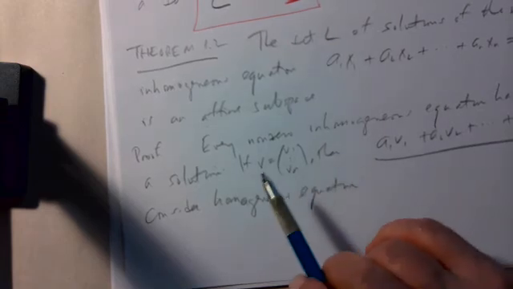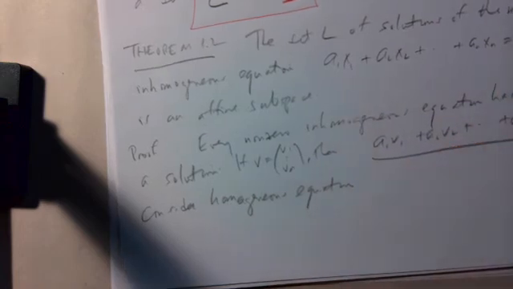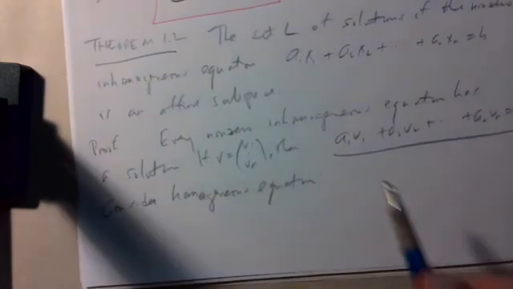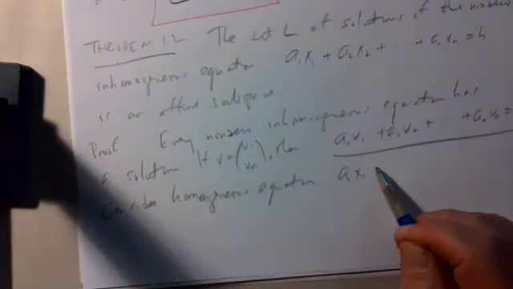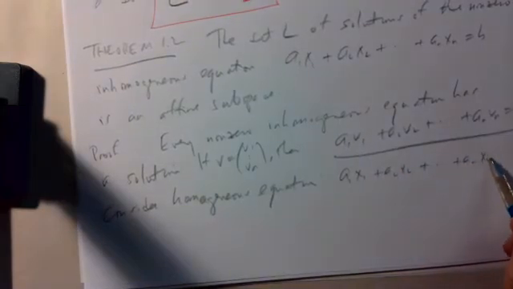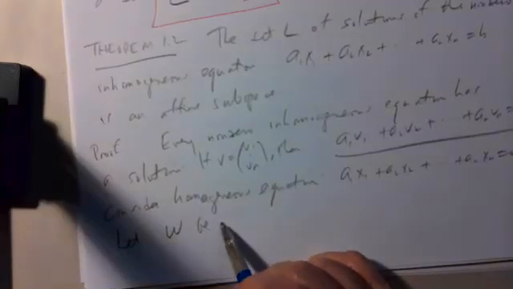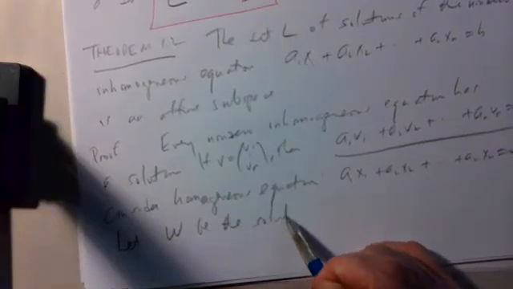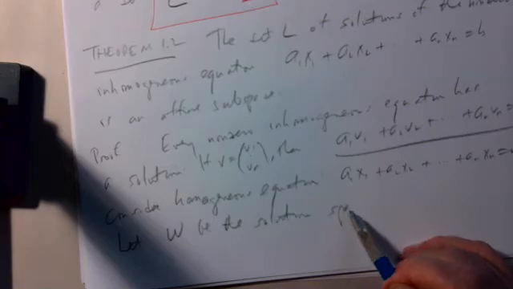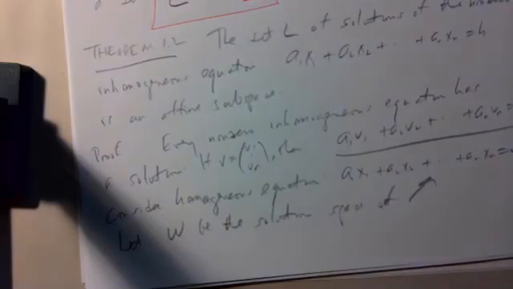Well, it's the same equation, but with a zero on the right-hand side: a1x1 plus a2x2 up to anxn equals 0. And let W be the solution space of this equation.